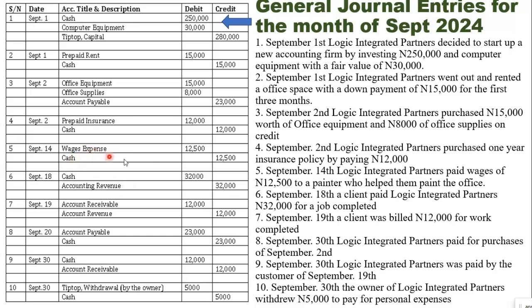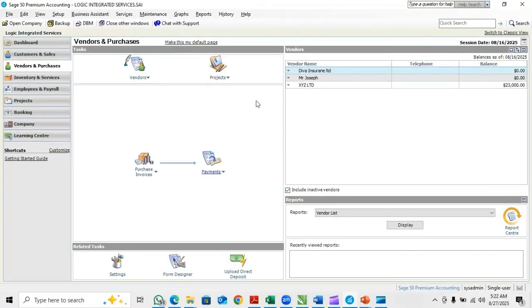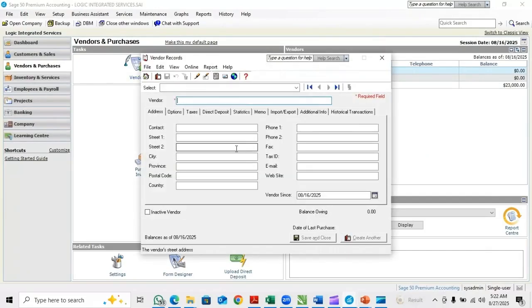So we're going to debit the wages expenses and credit the cash account. So this is also a vendor transaction, somebody that came to help you and do a work which you paid him wages. So we go to another vendor and credit this time around Mr. Tony. Mr. Tony is the painter.